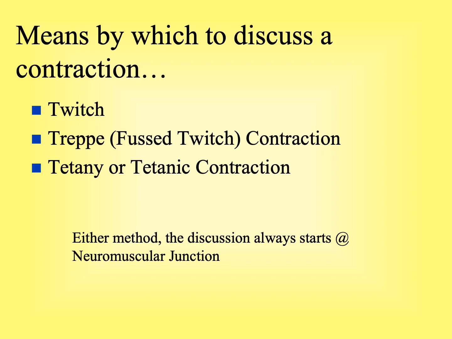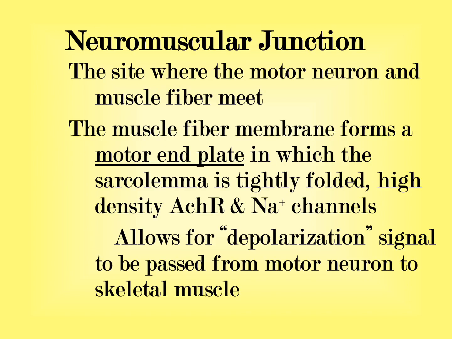Regardless of how we discuss this, it's all going to start at the neuromuscular junction. The neuromuscular junction is the interaction point between the motor neuron and the muscle fiber itself. In the muscle fiber, we have invaginations of the membrane, the sarcolemma, at what's referred to as the motor end plate.